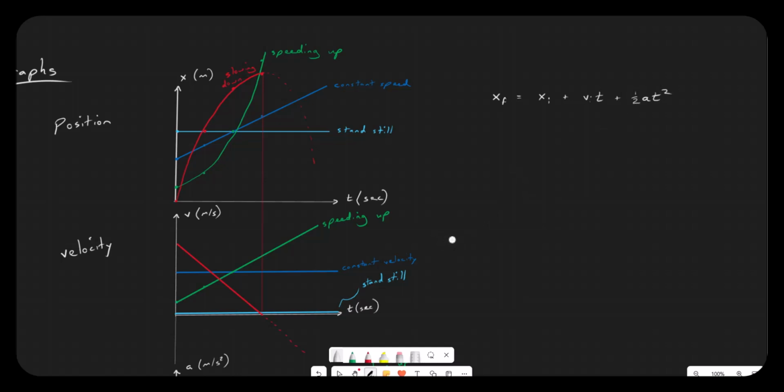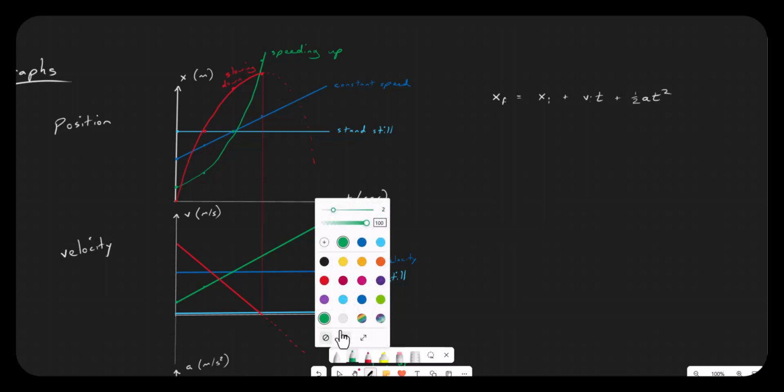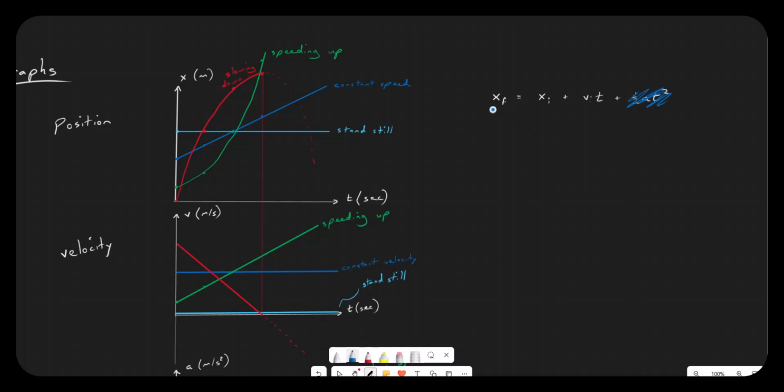So we can look at the different possibilities and kind of cross off what we need to, right? If we've got a situation where we say this is moving at a constant velocity, there's an acceleration of 0, I can say, all right, constant velocity, I can cross off this last term, and I will be left with x final is x initial plus v initial t.